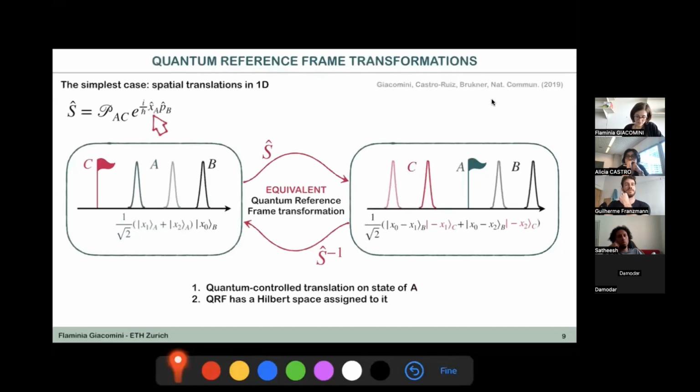And in addition, once I go here, I can also go back with the inverse transformation to my initial situation. So I can just go back and forth from these two quantum reference frames as I want. It doesn't matter. They're just unitary transformations.